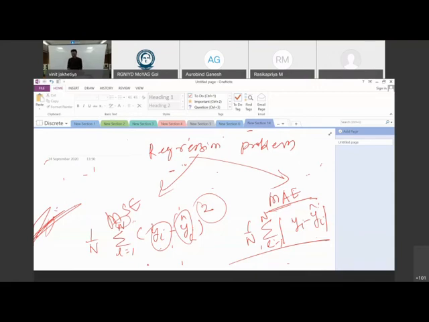But mean square error is quite fast in nature. But with outliers, don't touch mean square error. So guys, I'm done with my presentation. If you have any questions, please feel free to ask.